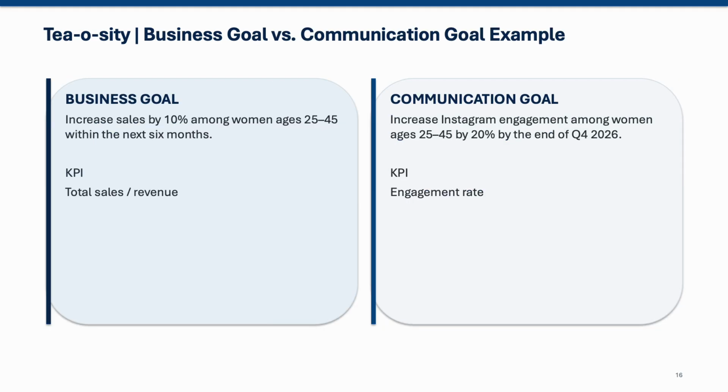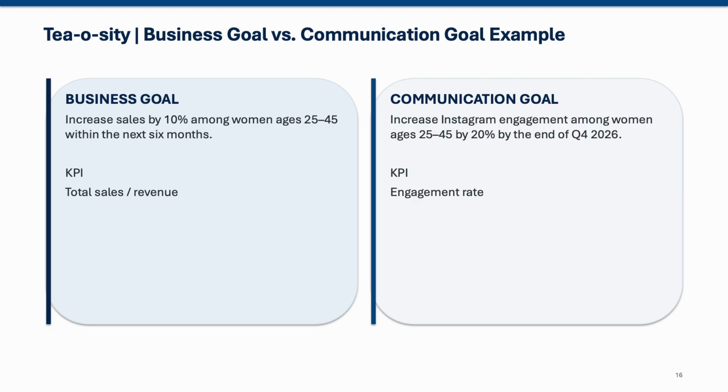Let's use this hypothetical company, Theosity, to help you see the difference. Suppose the business goal is to increase sales by 10% among women ages 25 to 45 within the next 6 months. In that case, sales or revenue would be an important KPI.